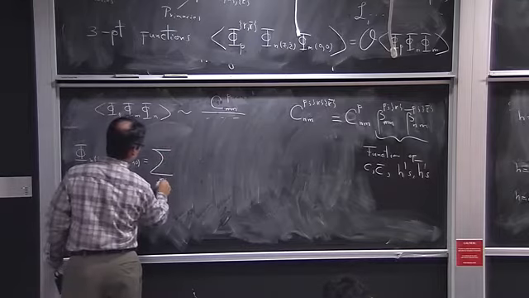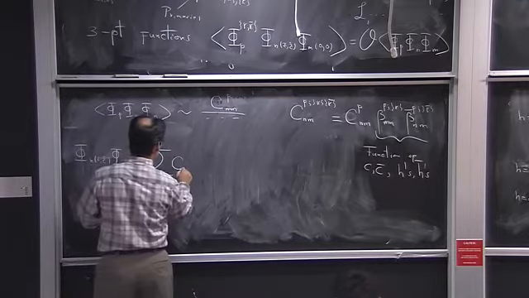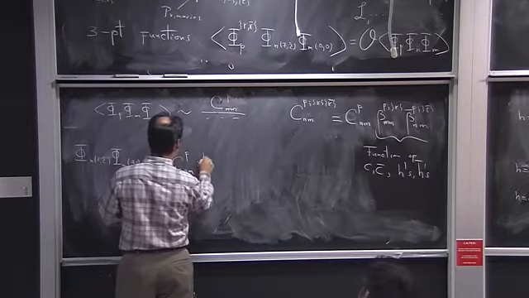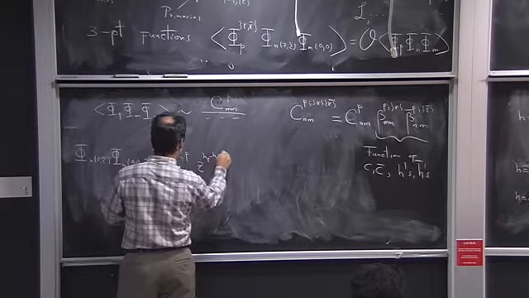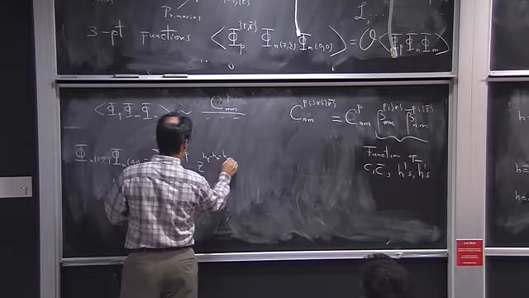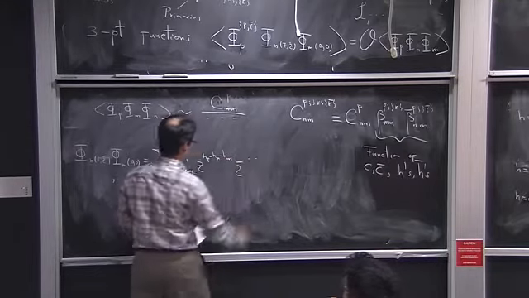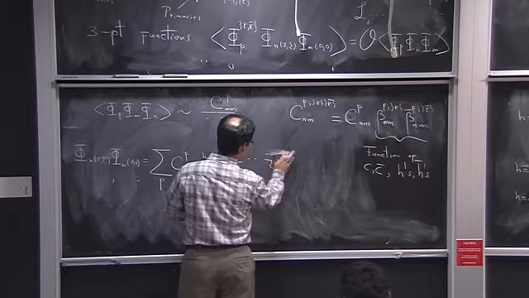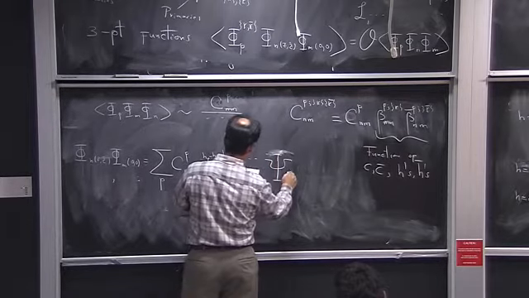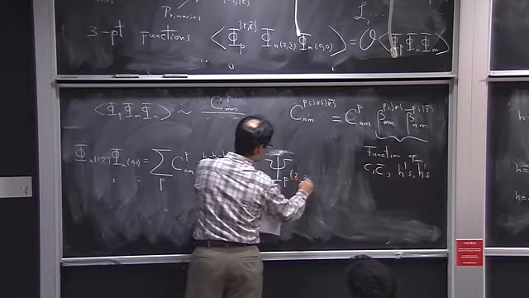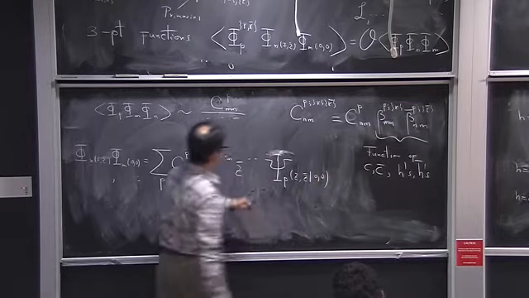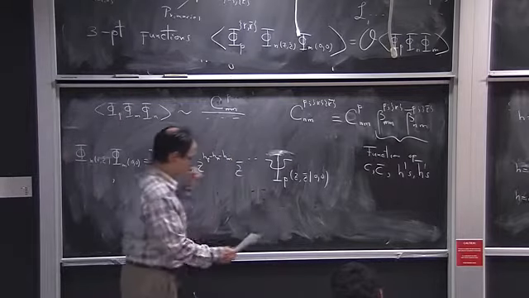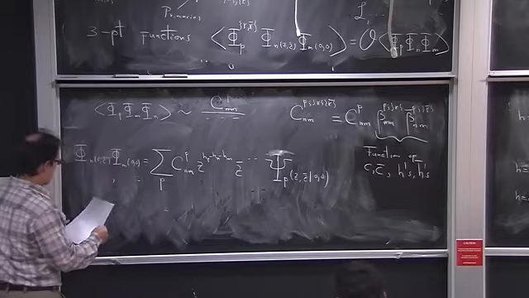Just as a sum over primaries with a structure constant, the corresponding variation for the bars, and some object here, psi, that contains everything else. Okay? Everything else in the sum is going to appear in this function.